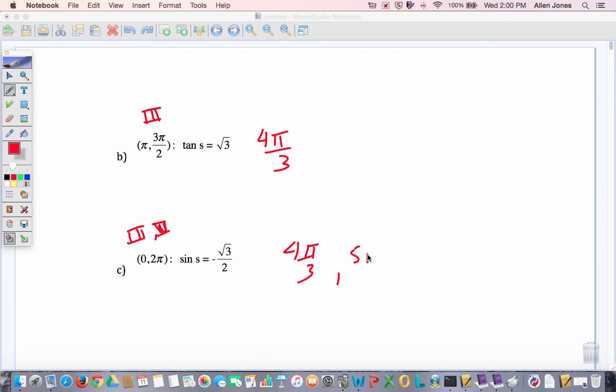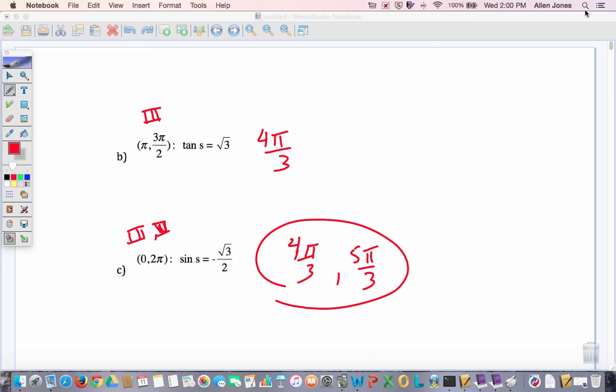So you can see y equals negative square root of 3 over 2 right here at 4 pi over 3, and right here with 5 pi over 3. So those are both our answers, 4 pi over 3 and 5 pi over 3, for that case. And there's our opening look at the unit circle.